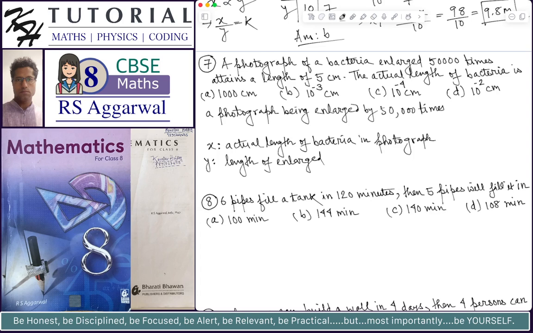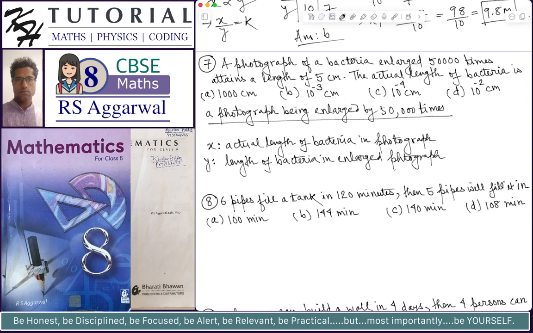So the quantity can be x, actual length of bacteria in photograph, and the length of bacteria in the enlarged photograph.